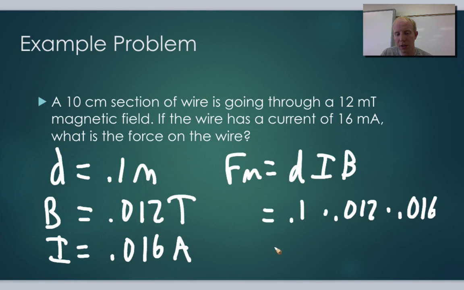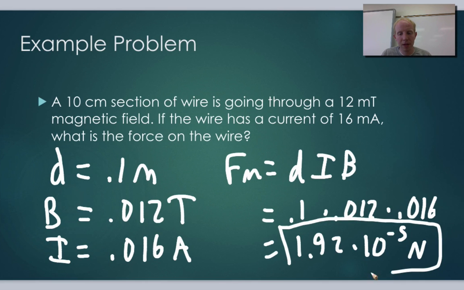We multiply those out on our calculator, 0.1 times 0.012 times 0.016, and we get 1.92 times 10 to the negative fifth newtons. There we go. That's the force on the wire.